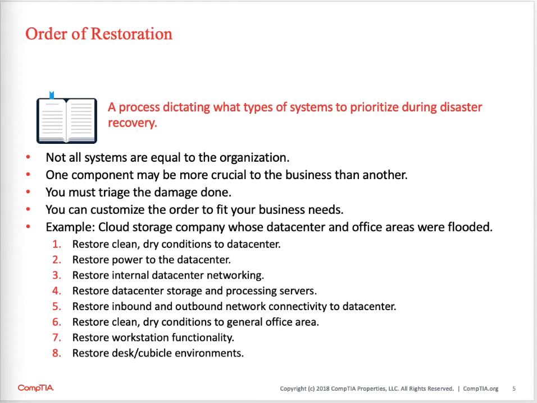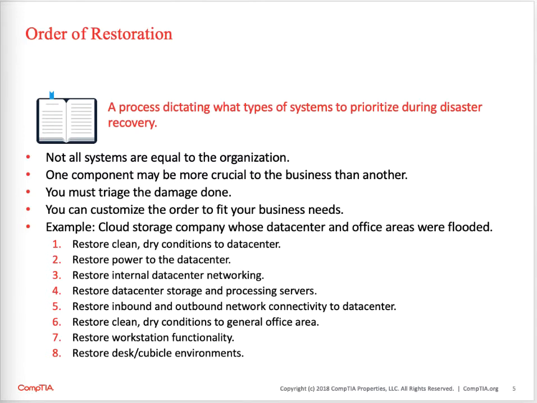And then, in addition, there was water damage in our general office areas, and it caused damage to our desks, our employee property, workstations. So, as a part of the business process and disaster recovery program, we're going to have an order of operations for this, an order of restorations. So maybe this data center was located in a flood prone area, right?